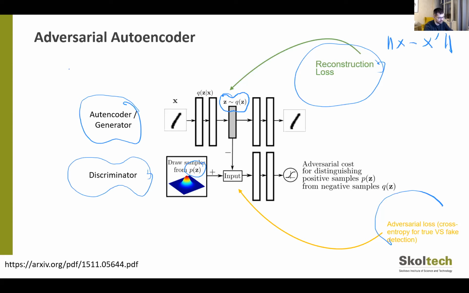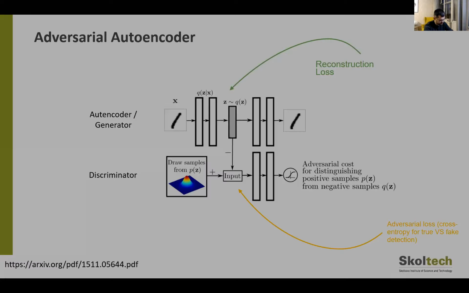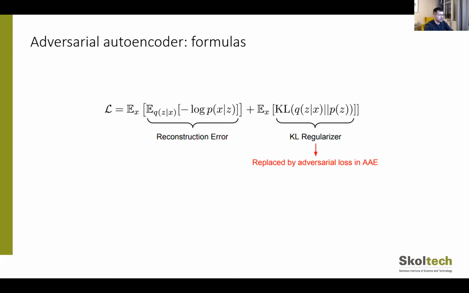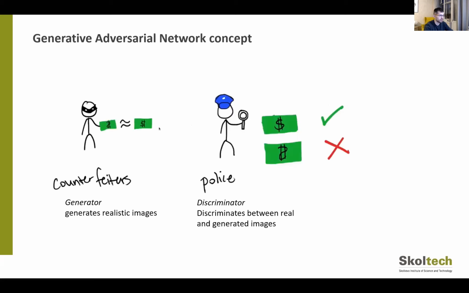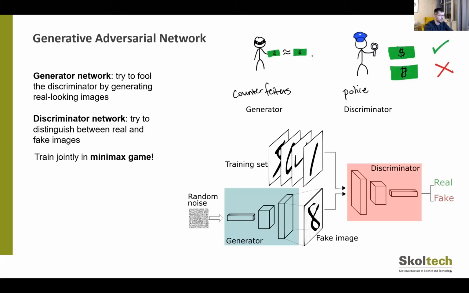So the basic idea is to replace the difference between Q and the standard normal distribution with a discriminator that tries to identify the difference between Q and the initial distribution, and it has trainable parameters, so maybe it can do better. And so, if you want to write formulas, we replace this regularizer with an adversarial loss here.